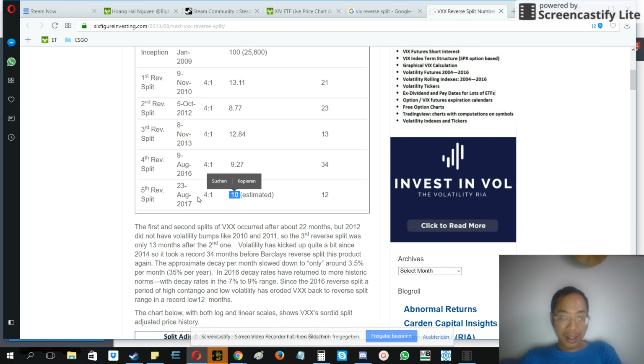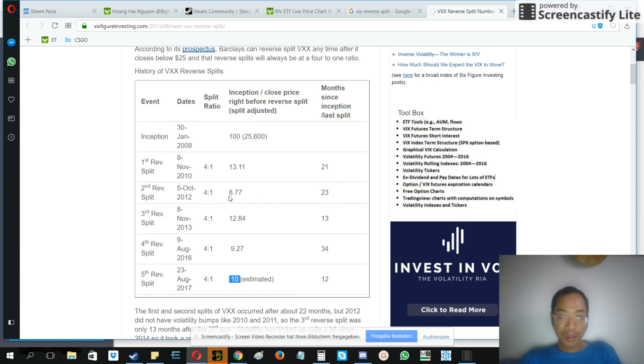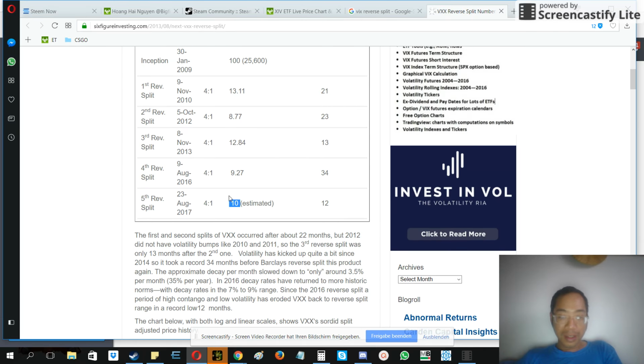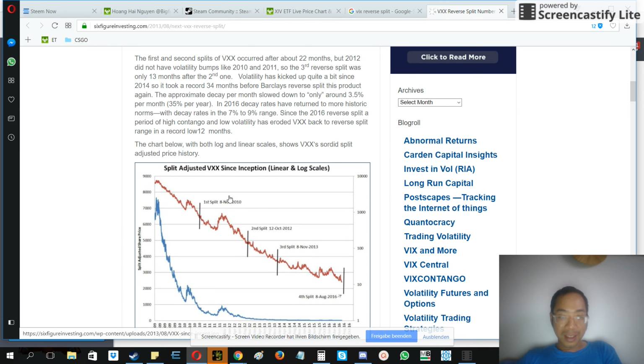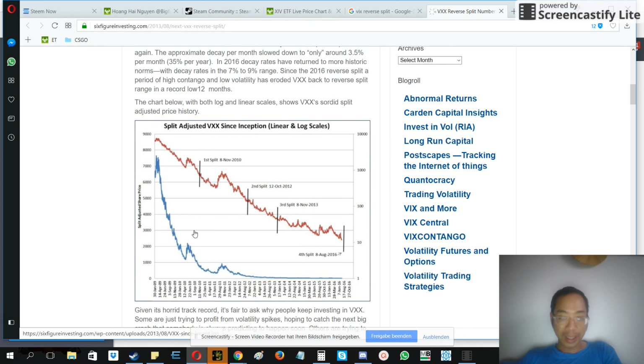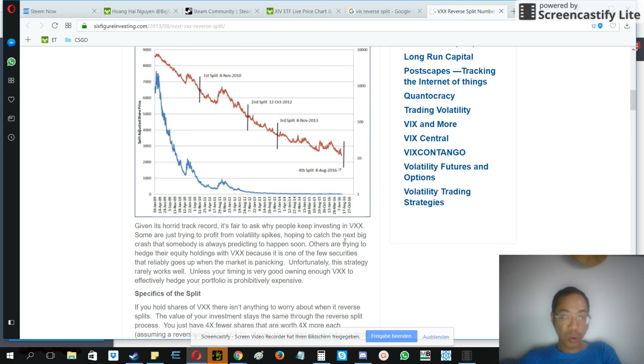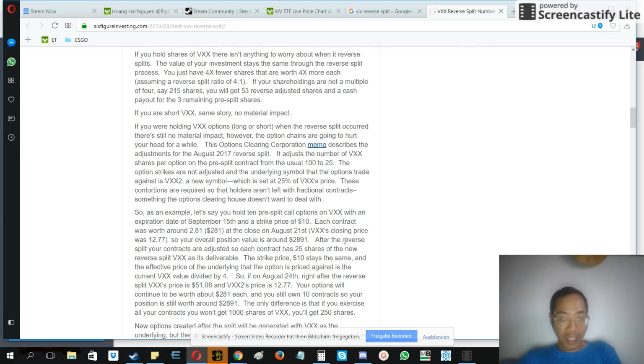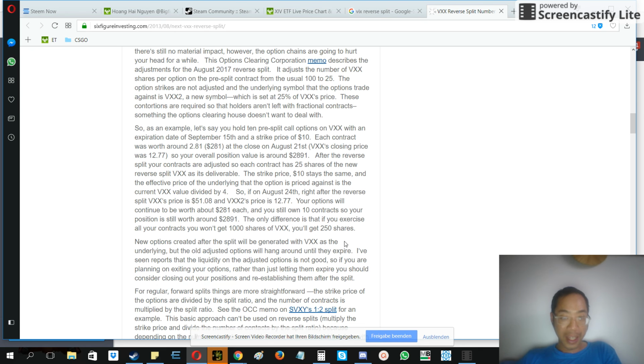They announced the date, and that's how it happens. So it's always splitting, but you can see it's always going down. I don't see a problem in shorting the VIX, because it's a position that keeps losing value.